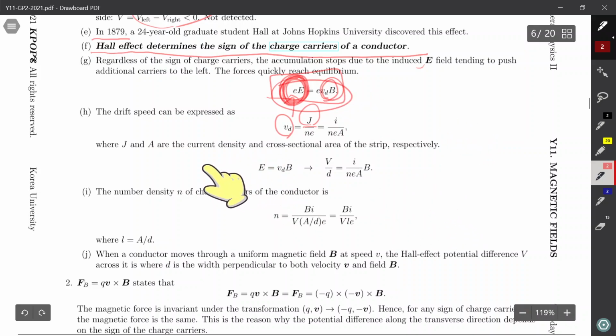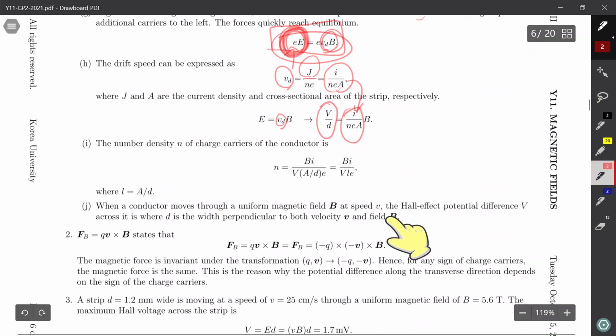The electric field is the Hall potential divided by the width of the strip, and the drift velocity is replaced with this expression. Finally, from this relation, we can determine the number density of charge carriers inside the conductor.